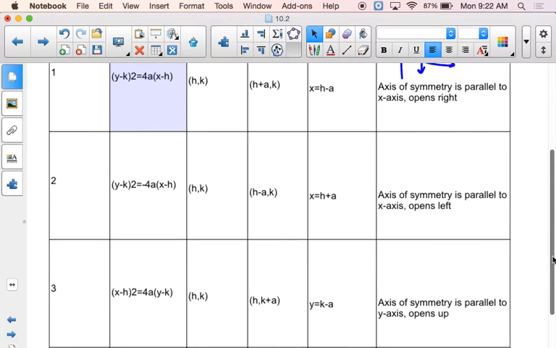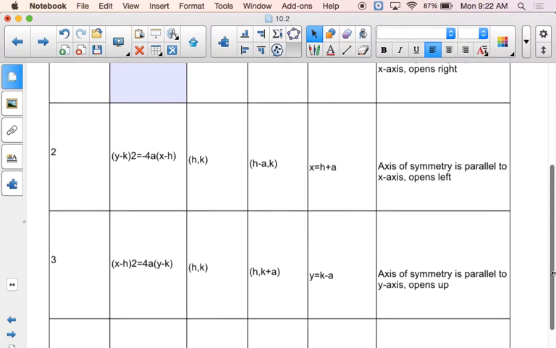You'll notice that the difference between the one that opens right and the one that opens left is that you have a negative 4a versus a positive 4a.